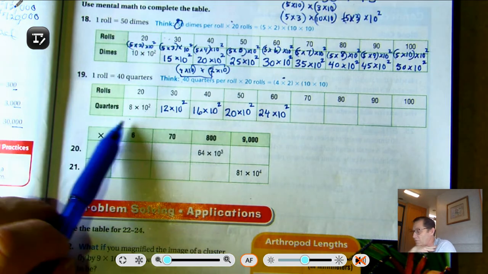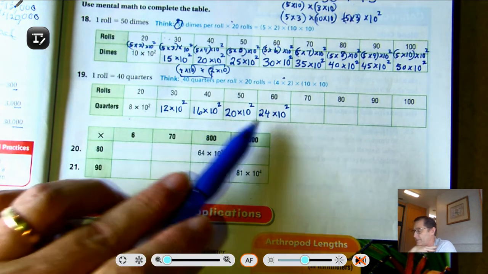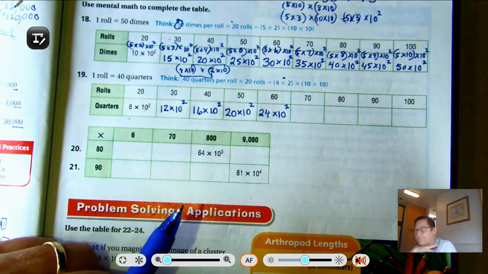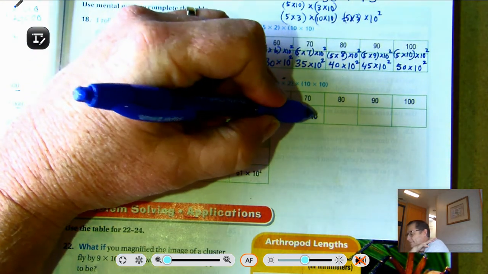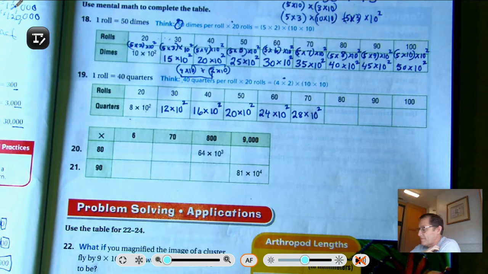What do you notice about our whole numbers?